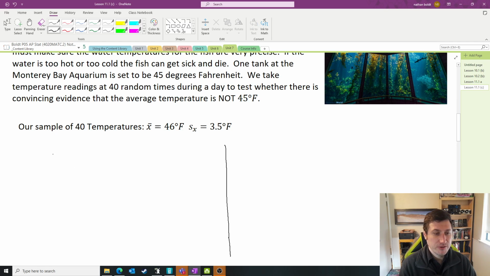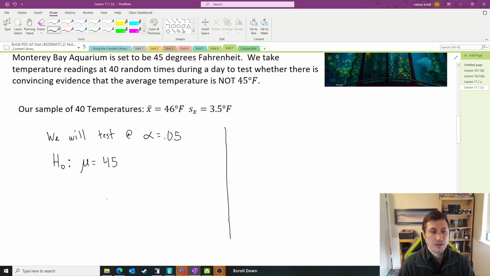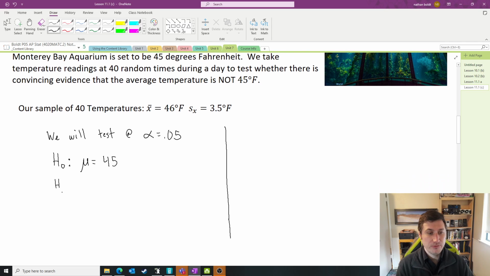So on the left, our significance test, we will test at the alpha 0.05 level. So our null is that the true average temperature, mu, is equal to 45 degrees. Our alternative hypothesis is that the average is not 45 degrees.